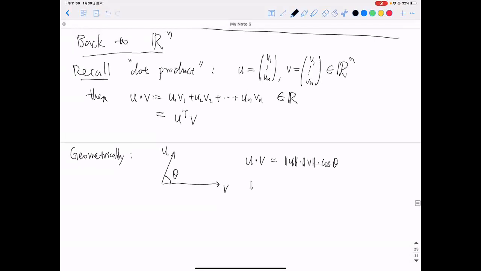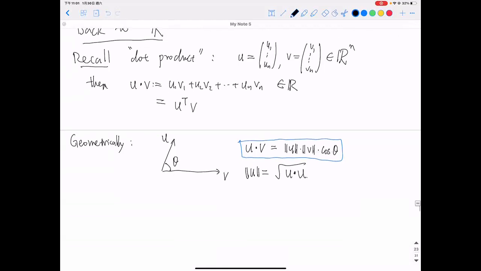And here we remember that the length of u is actually the square root of u dot u, and likewise for v. So this geometric point of view tells us that the dot product can be used to measure the angle between two vectors.